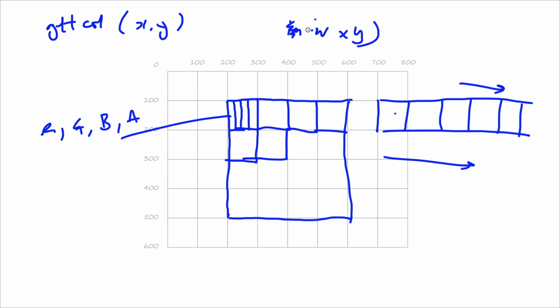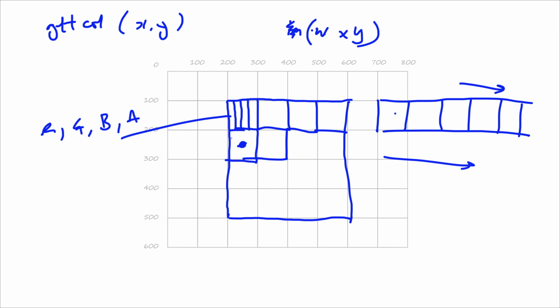So if Y is 0, we're in the first row, if Y is 1, we're in the second row. Let's look at this pixel here. Y is 1 and X is 0. Y is 1, so 1 times width is 4. So we want 0, 1, 2, 3, 4. So we're in the right place.